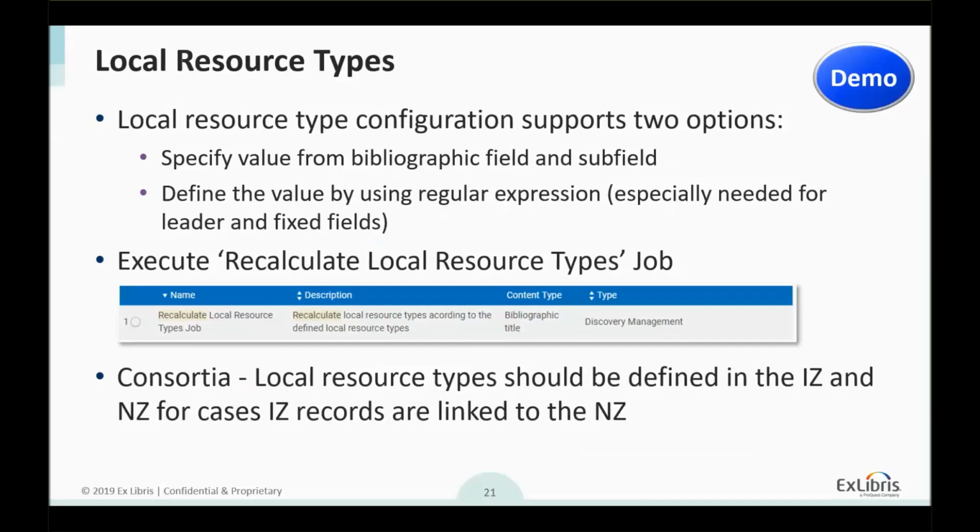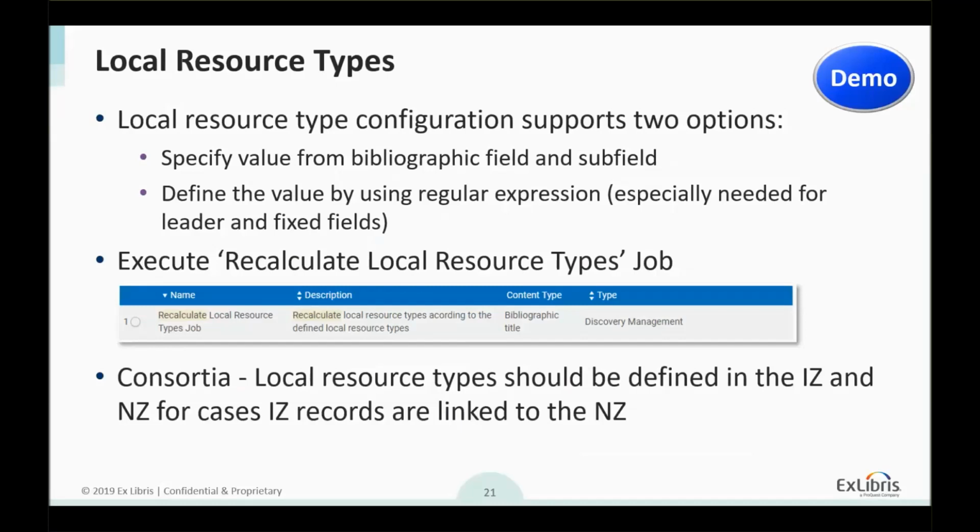But in order to give the ability to facet by this resource type or search by this resource type, you need to execute the recalculate local resource type job, which first needs a set with all the relevant records that should get this resource type, and you run this job with this set. So once this job is executed and completed, this local resource type will be available for search and facet.